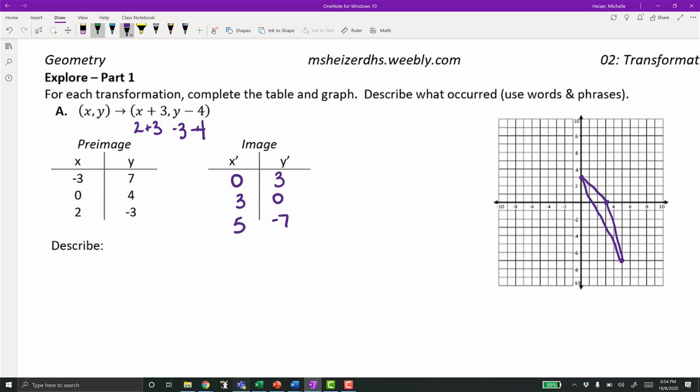And then I also want to graph the pre-image so I can see what is happening to this figure: -3, 7, 0, 4, and 2, -3.